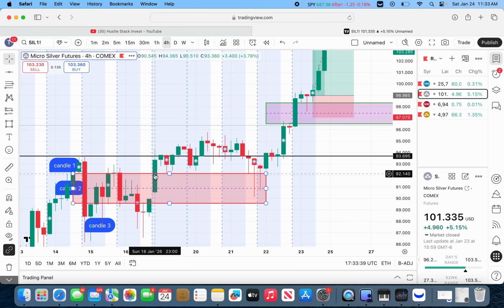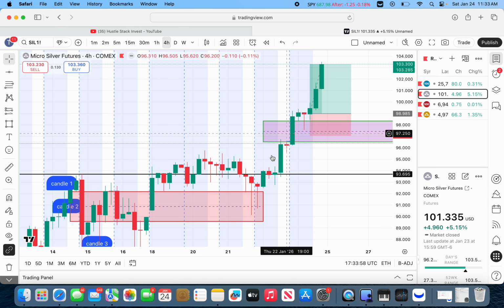It's tapping into this area right here of these 3 candles. Even though this candle not having a wick is what made it not be a fair value gap, it's still an imbalance. It's still a move up. It's still a part where orders have not yet been filled. So price will probably come back down, fill orders, tap into that area, and then shoot up.